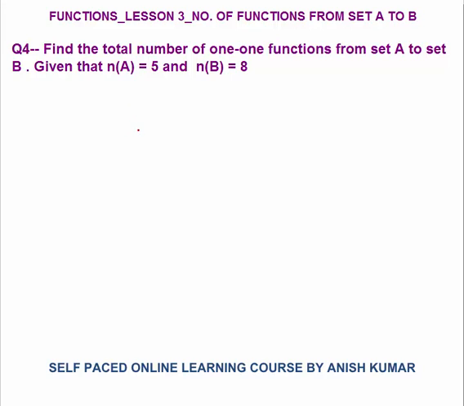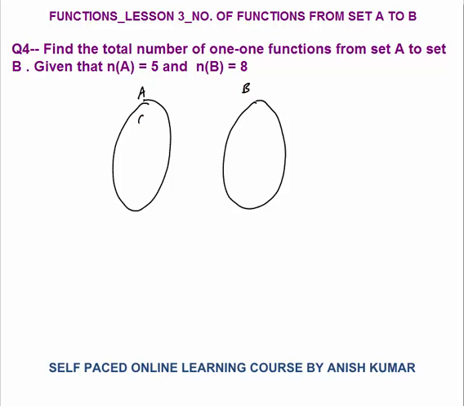A has 5 elements and B has 8 elements. So the A set has 5 elements, and you can take balls A, B, C, D, E. Now you try to solve it yourself, then look at the solution. Every student, please try to solve this question yourself, then look at the way I have solved it. B are the boxes, we have 8 boxes, 1 to 8.